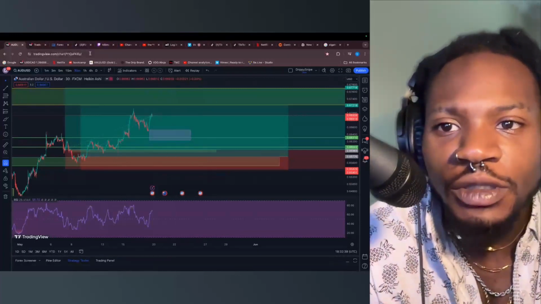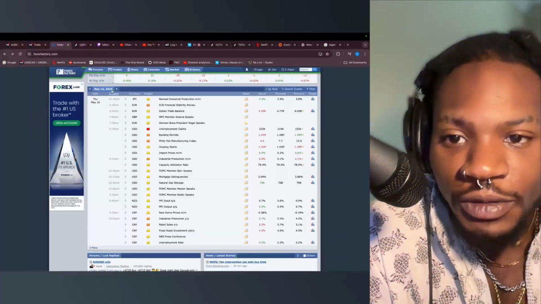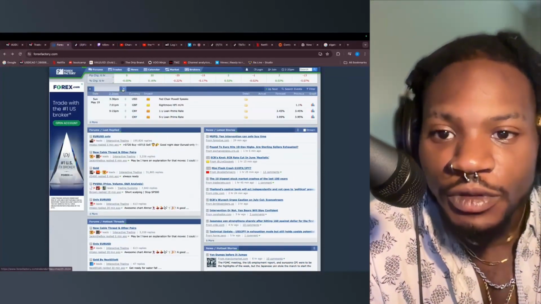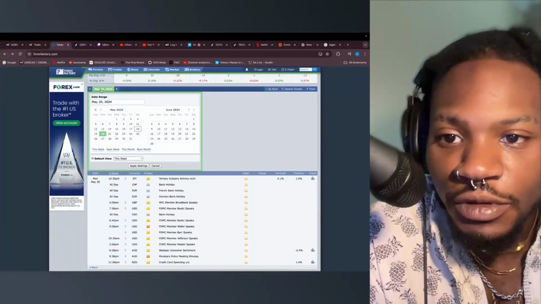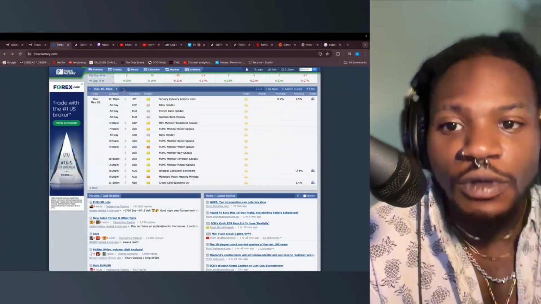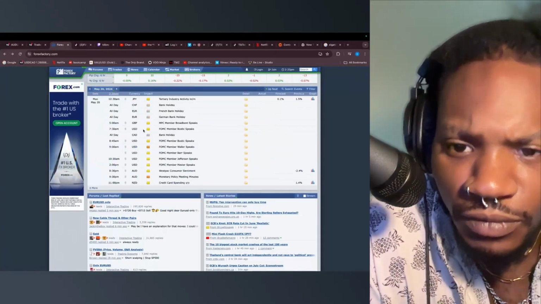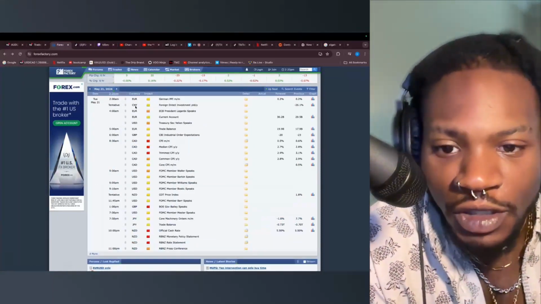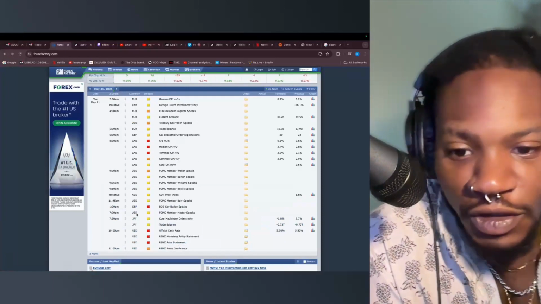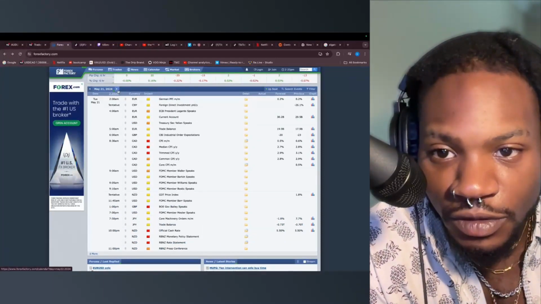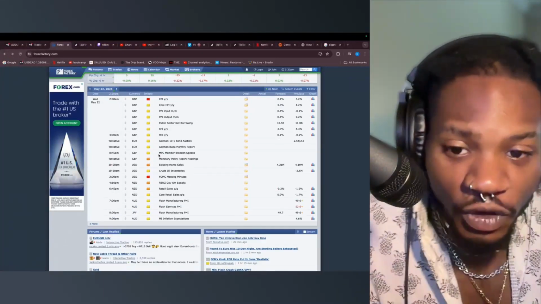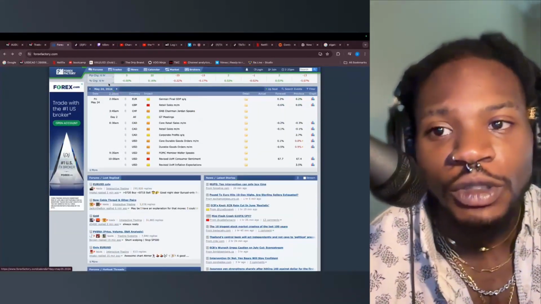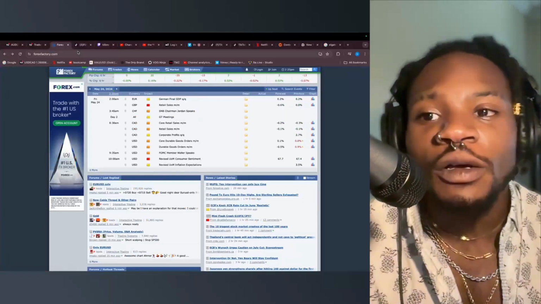Let's go forward a minute into the future. There's not too much Aussie news coming out, as you can see. Got a whole bunch of CAD, a whole bunch of USD, Euro, and NZD news. A lot of important news for sure, but not very much Aussie news.